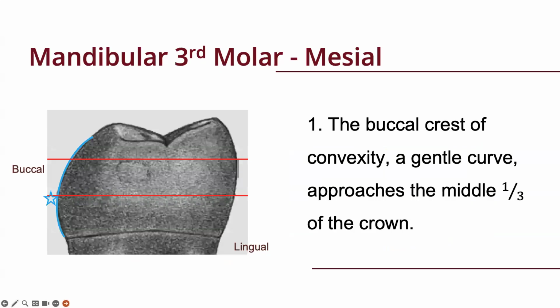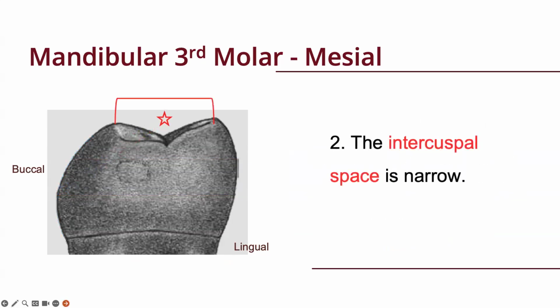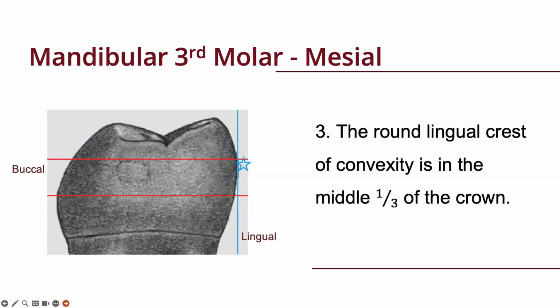From the mesial aspect, the buccal crest of convexity, a gentle curve, approaches the middle 1/3 of the crown. The intercuspal space is narrow. The round lingual crest of convexity is in the middle 1/3 of the crown.